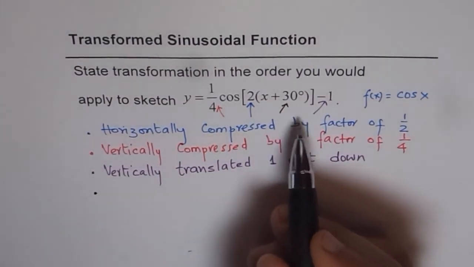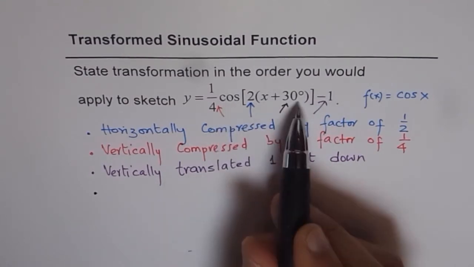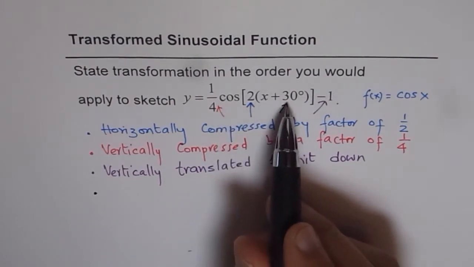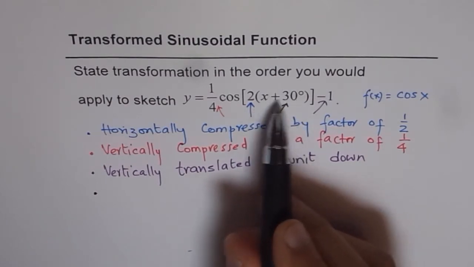Phase shift is how much you move, left or right. In the cosine function, we could check it with the maximum. Cosine starts with a maximum, right? So instead of starting with a maximum at x equals 0, here it starts at x equals minus 30, right? If I put minus 30, that becomes 0.